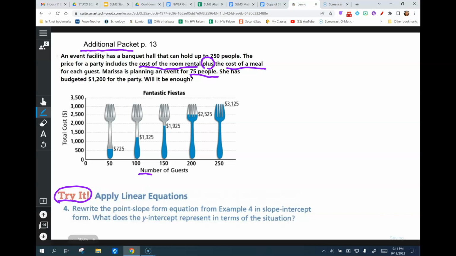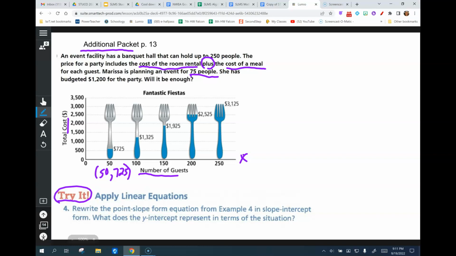Okay, our x value, our x-axis, is the number of guests. So if I have 50, 100, 150, okay? And my total cost, I'm talking about cost over on the y-axis, goes up 0, 500, 1,000, okay? So if I look at this particular point right here, this is the point 50 guests. It costs $725, okay? If I wanted to go to another point, and I can pick any one I want, I'm going to go to 100.